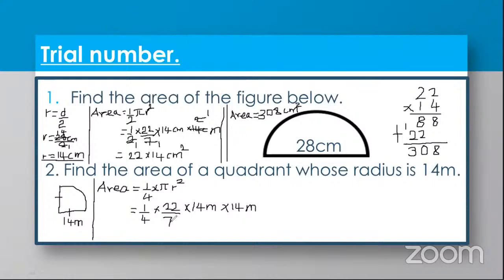Now we cancel. 7 divided into 14 by 7, 1, and 2.